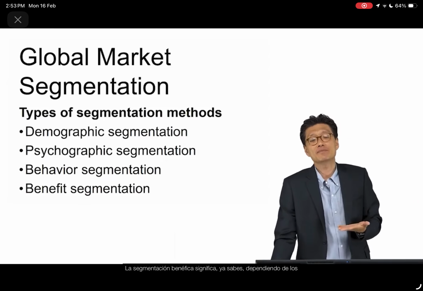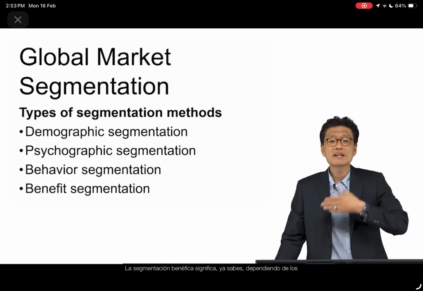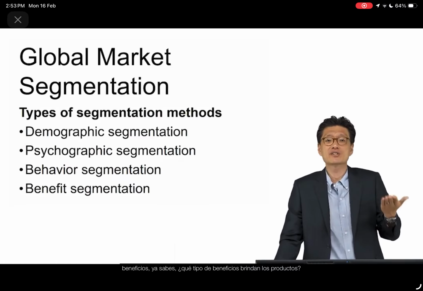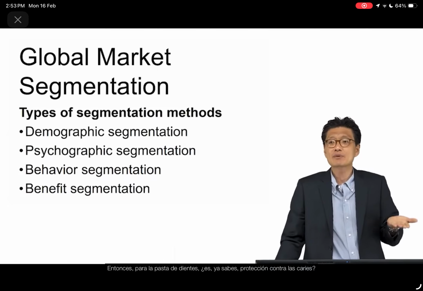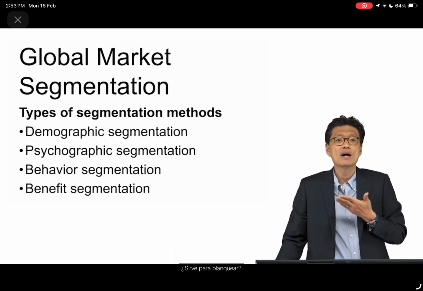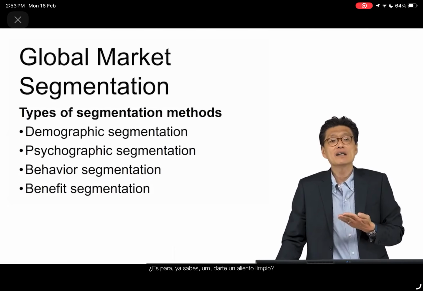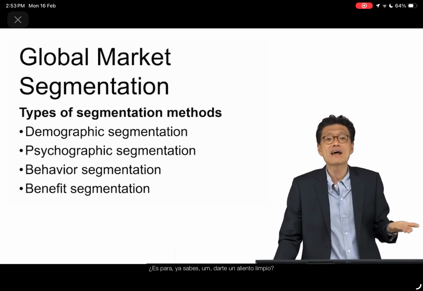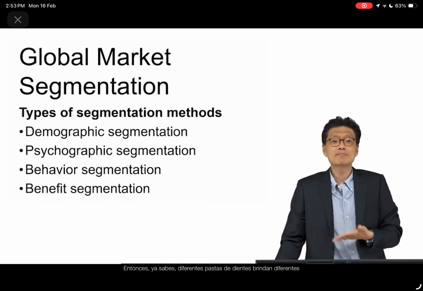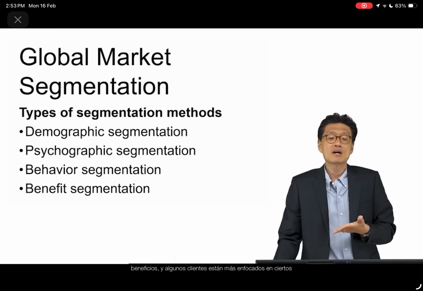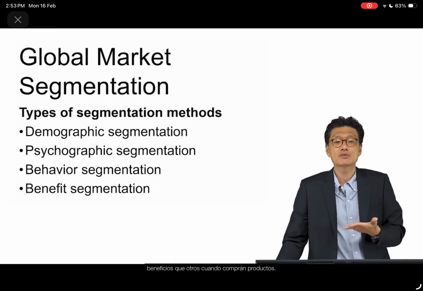Benefit segmentation means, depending on the benefits, what kind of benefits do products provide? So for toothpaste, is it cavity protection? Is it tartar control? Is it for whitening? Is it to give you clean breath? Different toothpastes provide different benefits, and some customers are more focused on certain benefits than others when buying products.